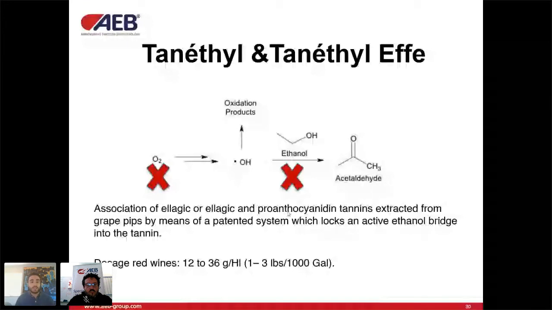So these tannins are very useful when you want to stabilize the color and you don't want to over-oxidize, or you're worried to over-oxidize your wine. And also very useful, for example, during cold soak, because during cold soak you don't have ethanol and you don't have acetaldehyde that is formed during fermentation, and therefore you can stabilize the color immediately.